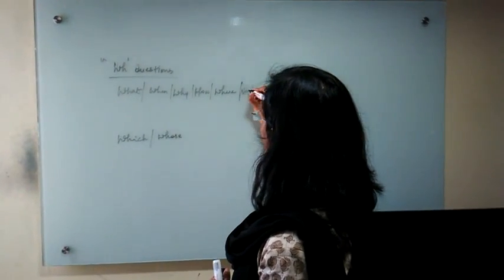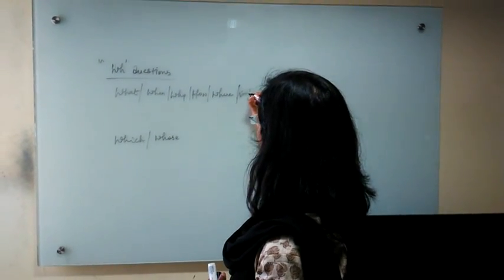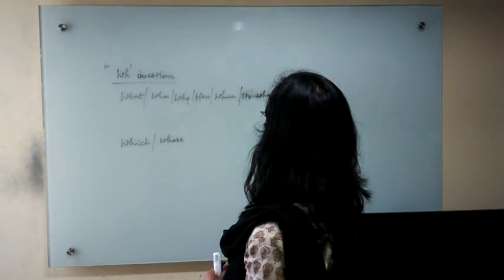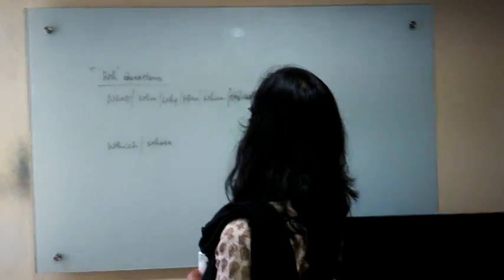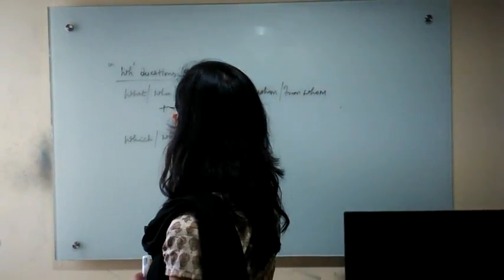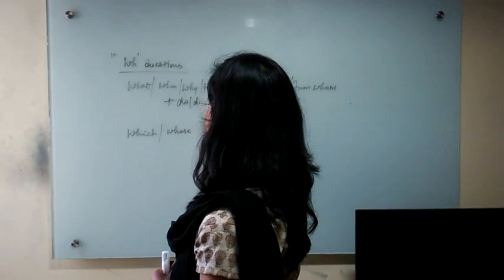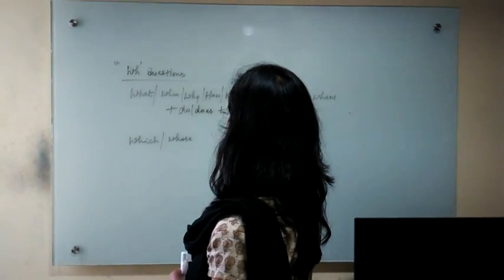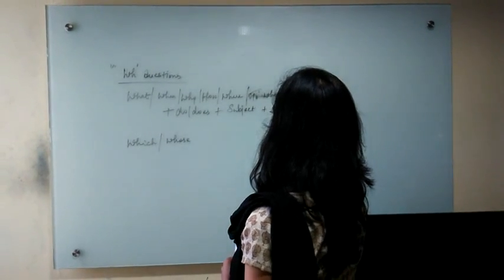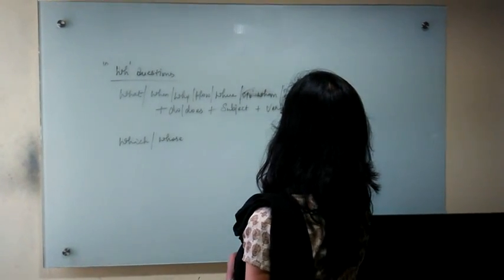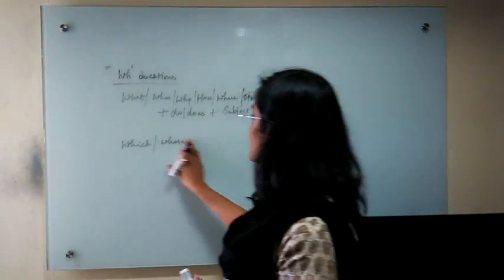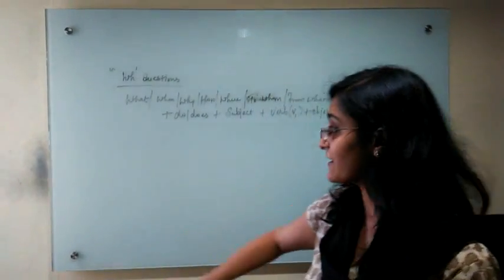So there are five, and you can also form questions like to who, from who. Then you have to add do or does, then the subject, then the verb, that's V1, the first form of the word, and then the object and a question mark. We'll take which and whose later.